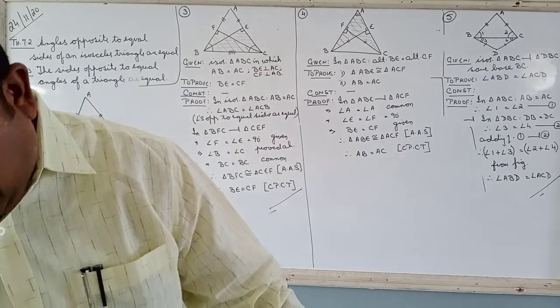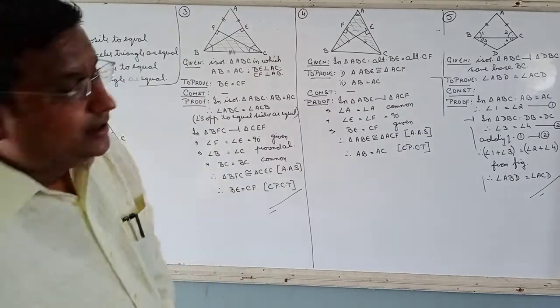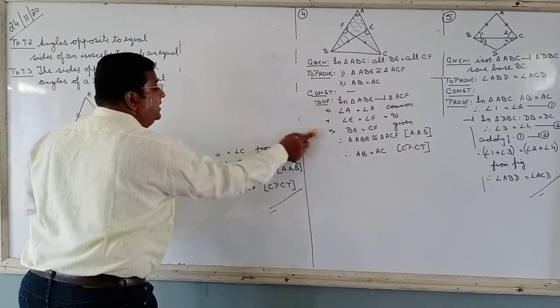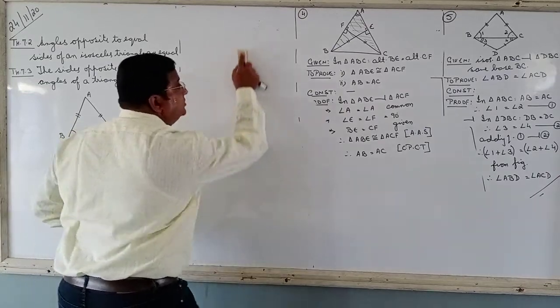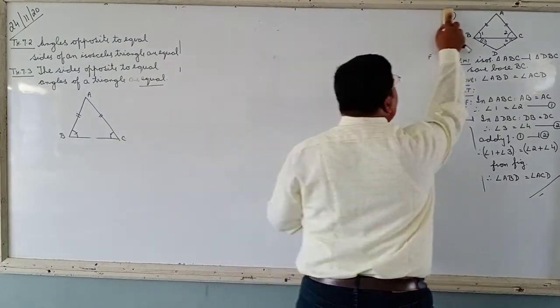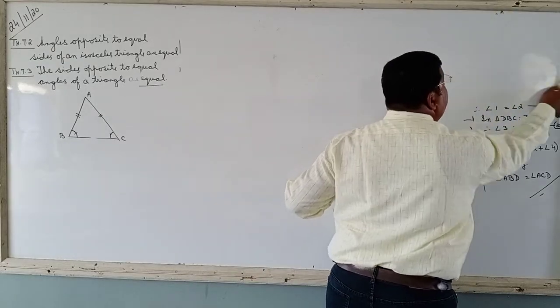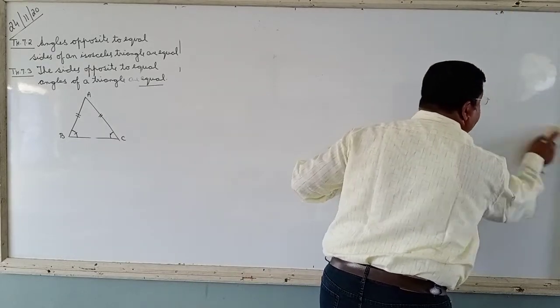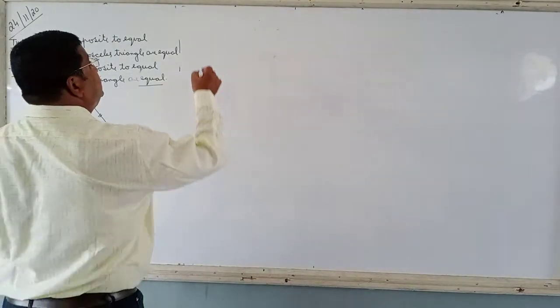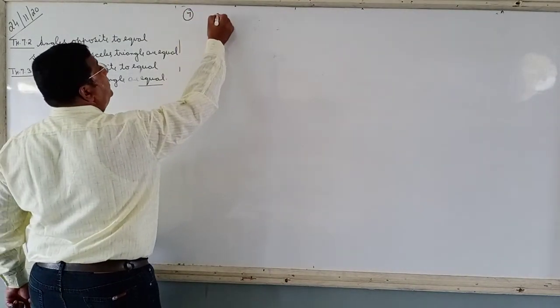Question number 7. I am not going to solve it. You can do it. He says ABC is a right isosceles triangle. Right means one angle is 90 and isosceles means two sides of a triangle are equal.